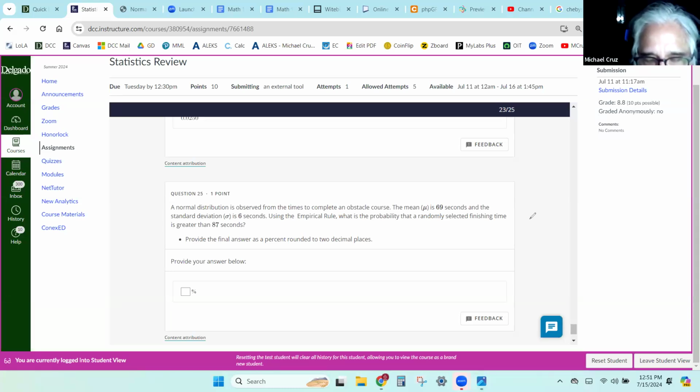All right, a normal distribution is observed from the times to complete an obstacle course. The mean is 69 seconds, and the standard deviation is 6 seconds. Using the empirical rule, what is the probability that the randomly selected finishing time is greater than 87 seconds? All right. So let's just go ahead and do the z-score.